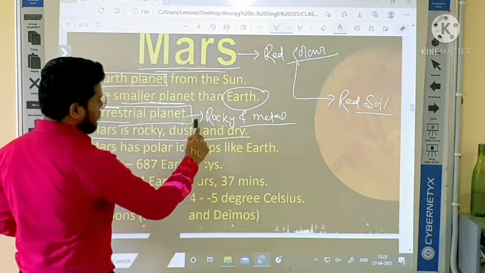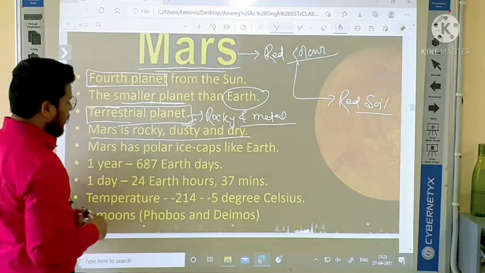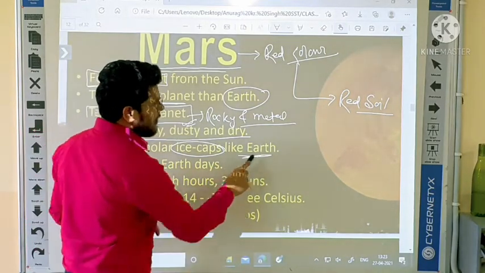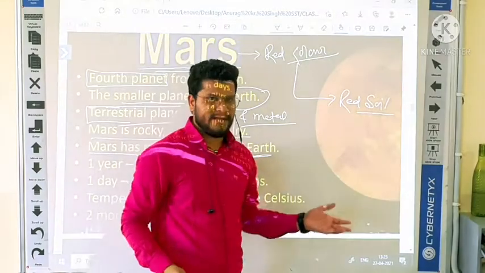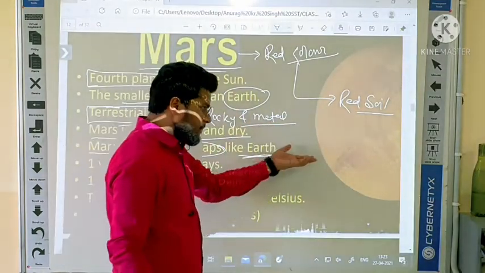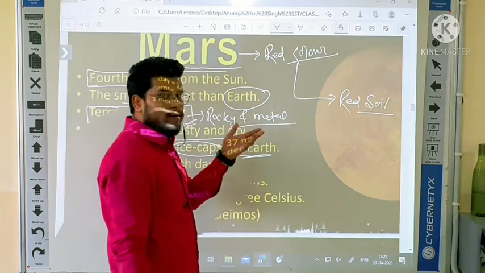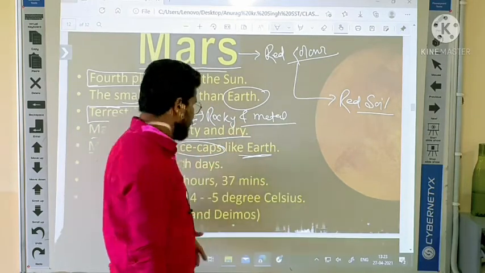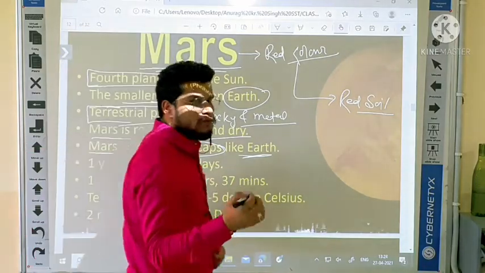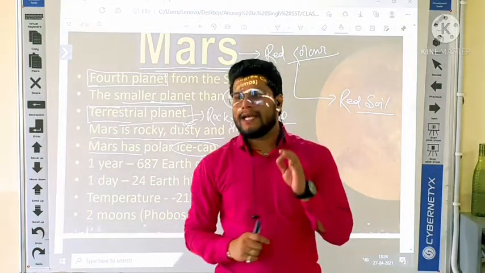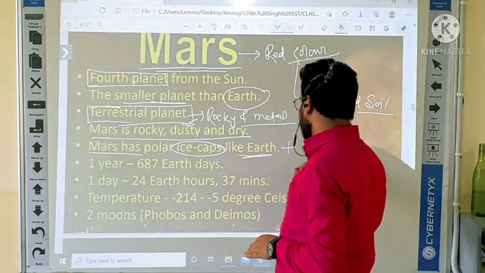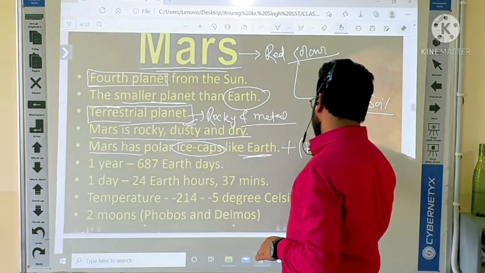I explained that here. Now Mars has an ice cap like Earth. It means ice is present there. Okay. On the Mars, ice is present there. So, and remember also one thing. There is also thin atmosphere. Include thin atmosphere.